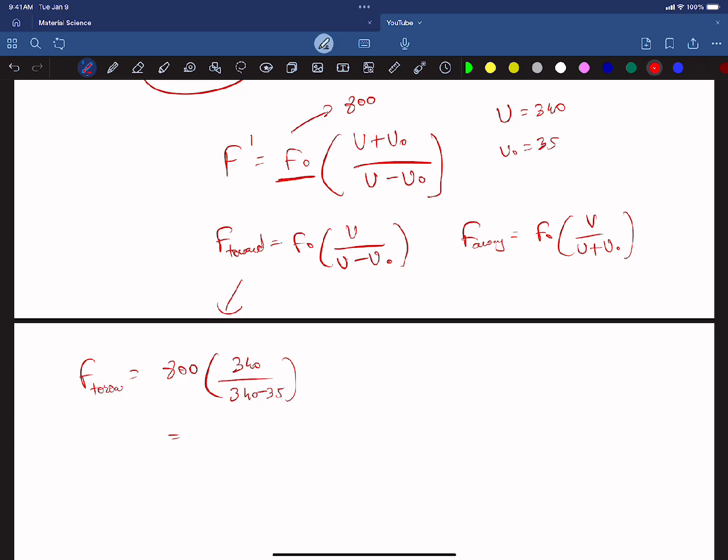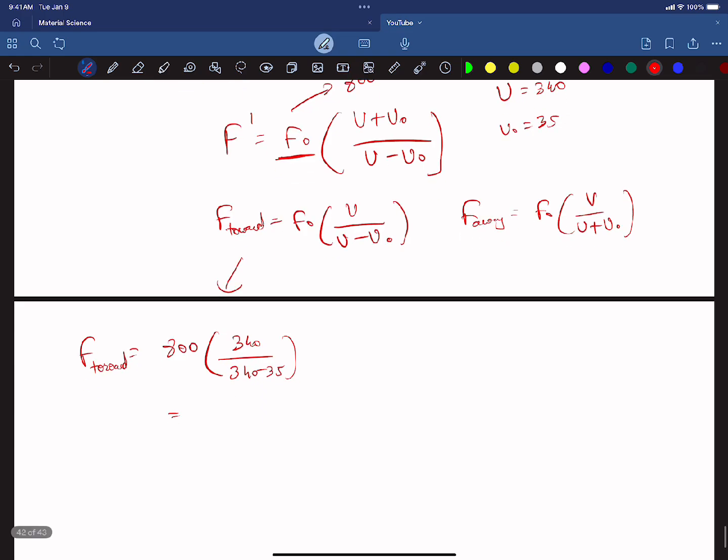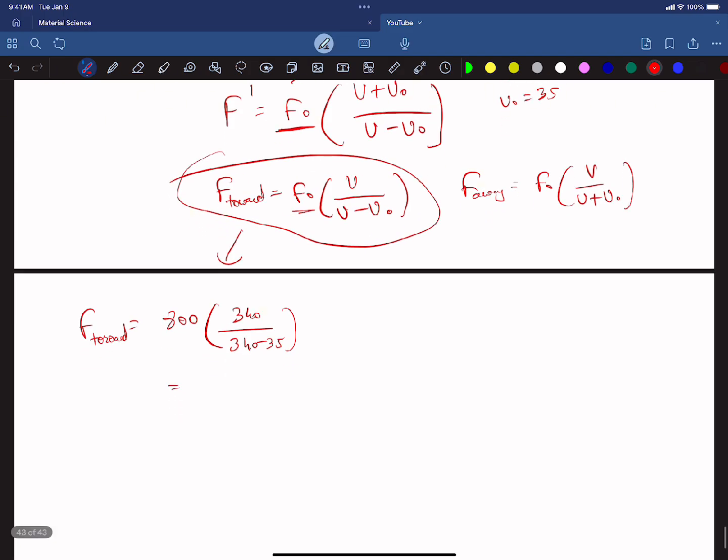When the car is moving towards the observer, we'll use this equation. We substitute all the values given in the question: the speed of the car, speed of sound, and frequency of the siren of the car. When you calculate this, you will get 891.8 hertz.